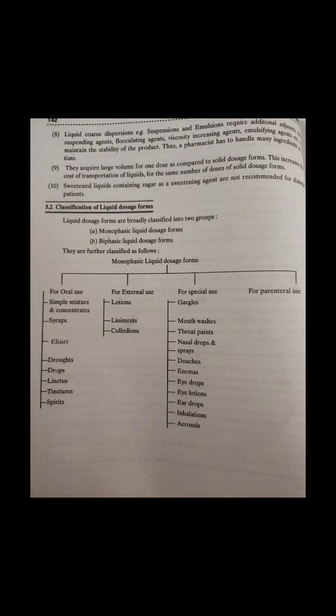Next we have inhalations. They are liquid solutions or suspension preparations consisting of volatile substances. They are used to relieve congestion and inflammation of the respiratory tract.